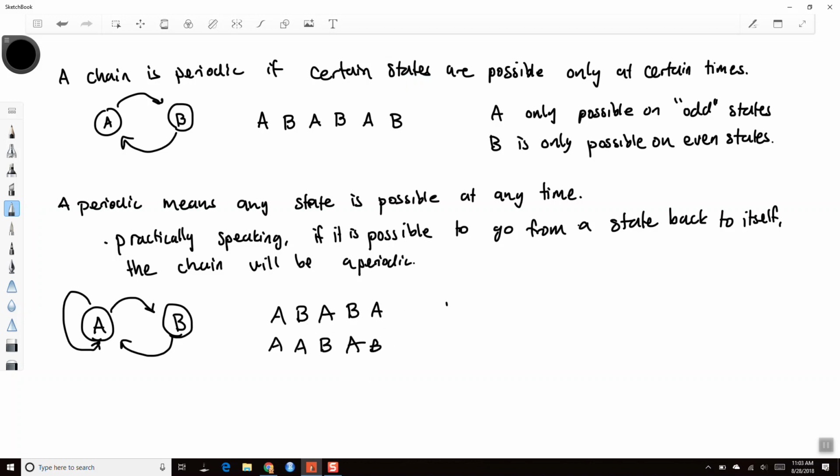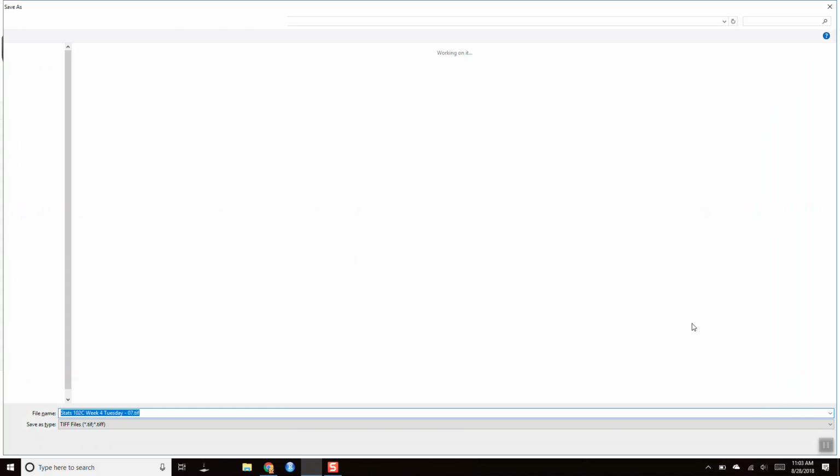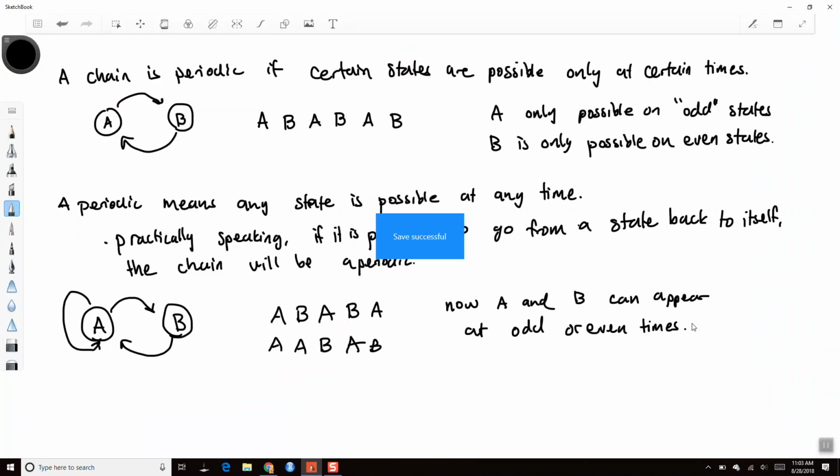So now both A and B can appear at odd or even times. Okay, so that's the concept of irreducible and aperiodic.